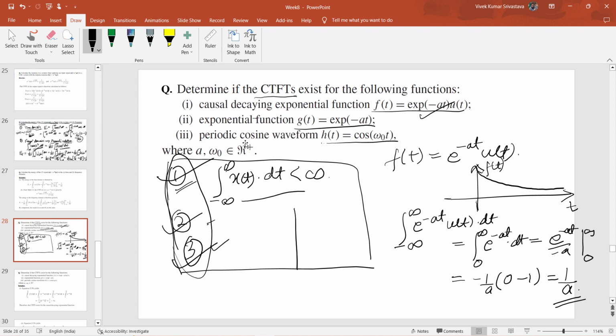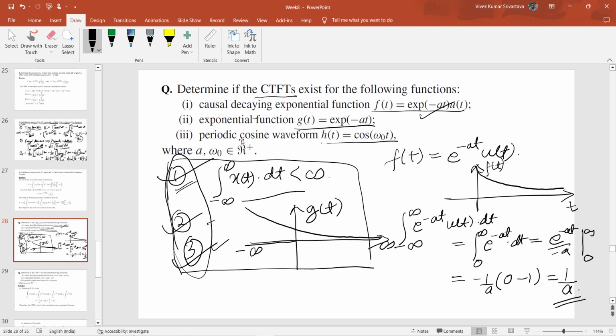So if you plot this function g of t, it will look like this. Okay, so this is the plot of g of t. This is also a decaying function from minus infinity to infinity, but this function will exist for negative values of t as well.